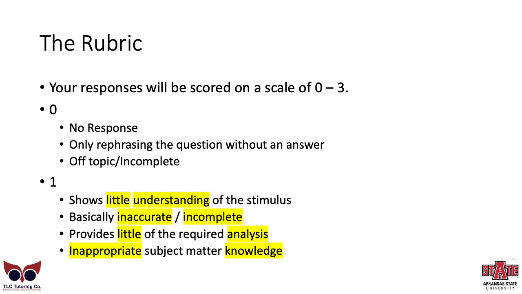A score of 1 will be given if the response shows little understanding of the stimulus, is basically inaccurate or incomplete, if it provides little of the required analysis, or if inappropriate subject matter knowledge is used in the response.